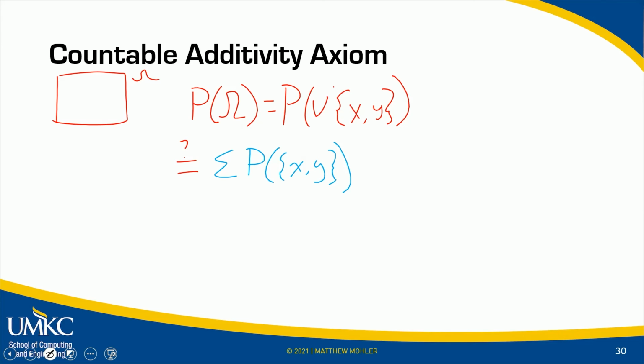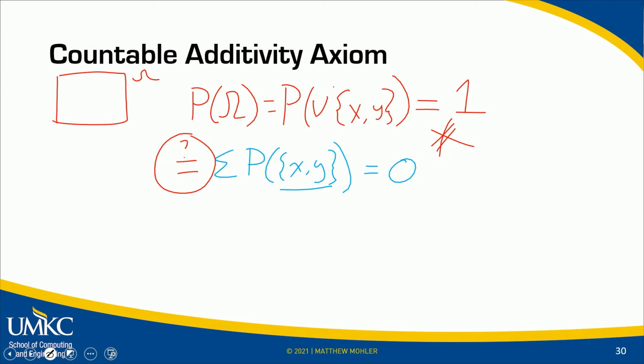Now, we established earlier that the probability of all XY points is equal to 0, of a singular point. Now, taking a step back, we also established that the probability of our sample space has to be equal to 1. So for this to hold true, 0 has to equal 1. And, well, it doesn't. So we have a bit of a dilemma here, something that we have to figure out.